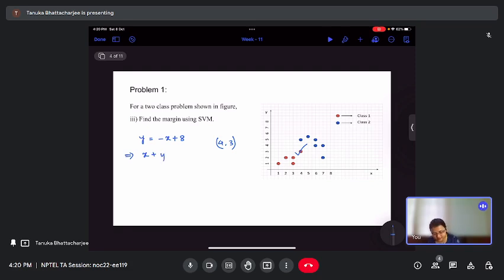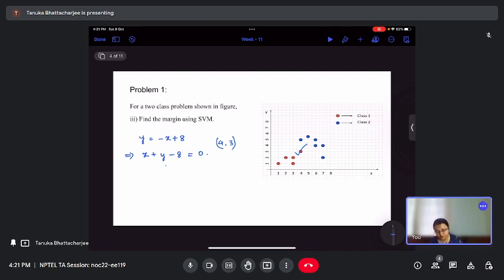So, that will make it x plus y minus 8 equal to 0. If you have this equation, then to find the perpendicular distance of any point from this line, you will have to compute the value of x plus y minus 8 at that point and divide it by the root over of coefficient of x square plus coefficient of y square.